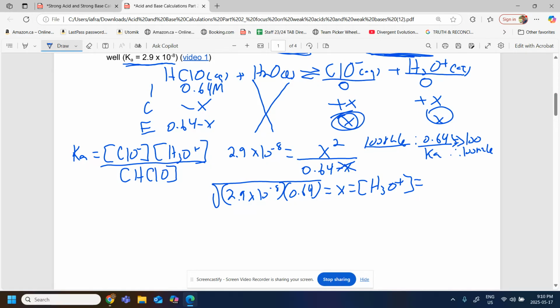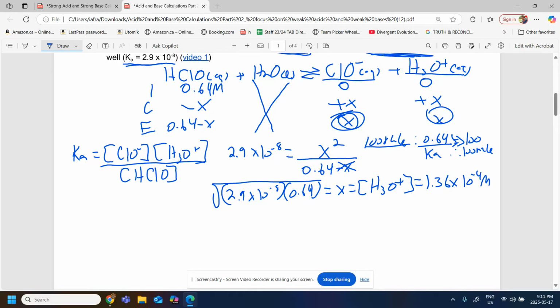Because it's the same thing, it's x there as well. So we'll do 2.9 times 10 to the power of -8 times 0.64. We'll square root our answer here, and we'll get about 1.36 times 10 to the power of -4 molar.